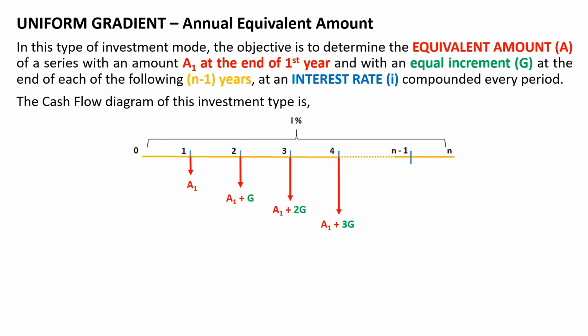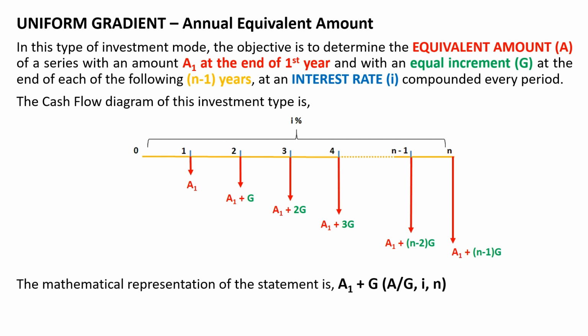Similarly, at the end of n minus first year, the investment will be A1 plus n minus 2 G. At the end of nth year, the investment will be A1 plus n minus 1 G. The mathematical representation of this statement is A1 plus G, which is the known value, with unknown A and I interest rate and n interest period.